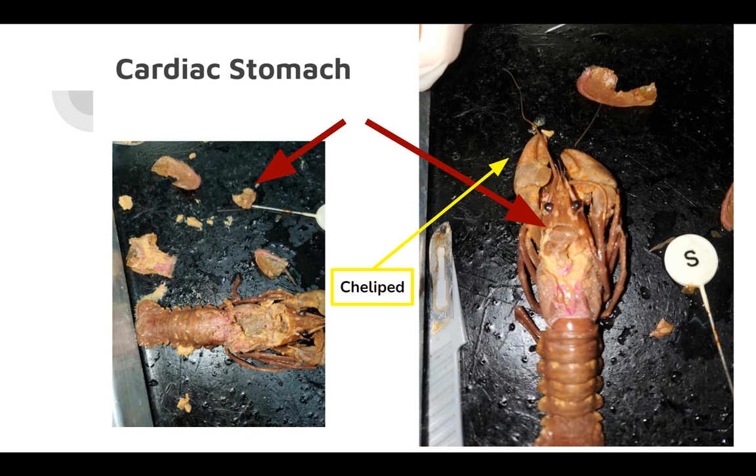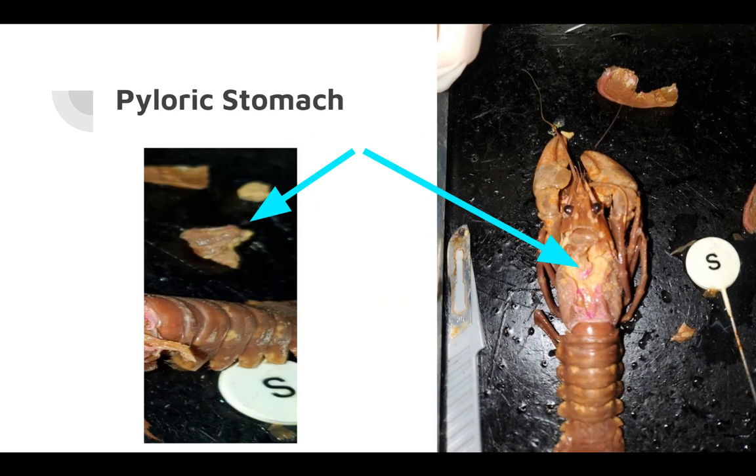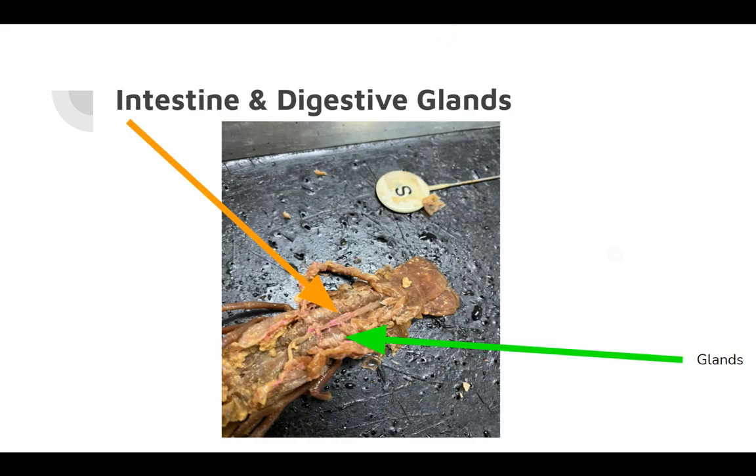And then there's the cheliped, which they can grab food with and tear it apart. The pyloric stomach chemically digests the food after the mechanical digestion. The gastric mill in the other stomach is basically like sets of teeth.